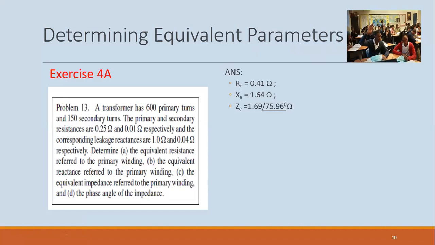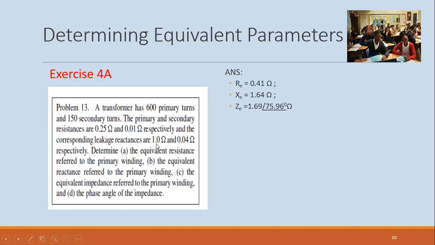A transformer has 600 primary turns and 150 secondary turns. The primary and secondary resistances are 0.25 ohm and 0.01 ohm respectively. And the corresponding leakage reactances, which are X1 and X2, are 1 ohm and 0.04 ohm respectively.